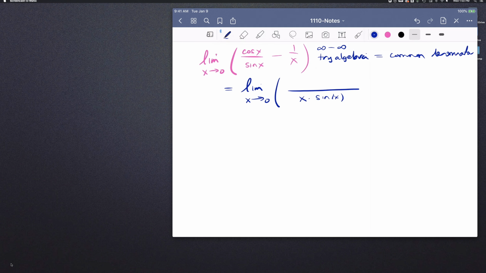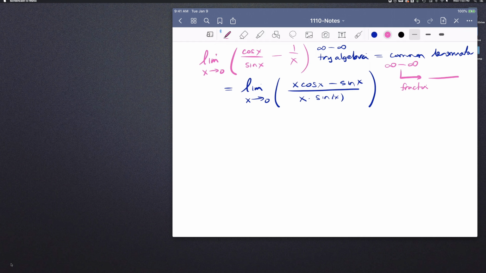Okay, so let's see, we'll get x cosine of x minus sine of x over x sine of x. Here is our algebra problem. And the advantage here is that we have basically turned infinity minus infinity into a fraction problem, getting the common denominator.